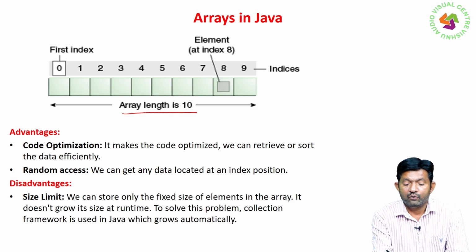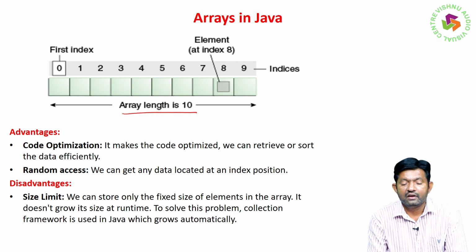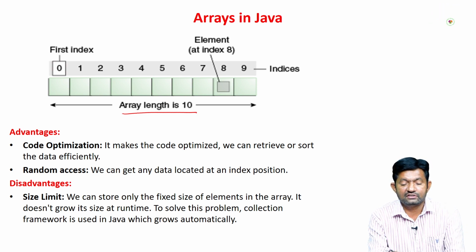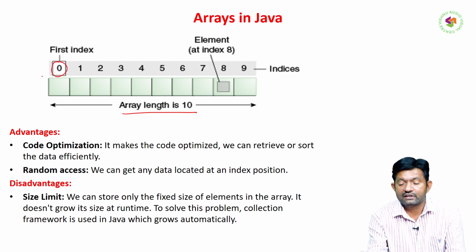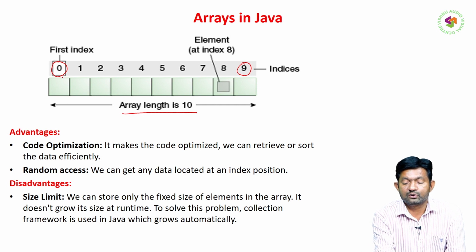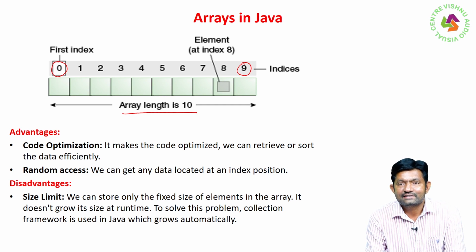That means we can store 10 elements in this array. The first index starts with 0 and ends with n-1, that is the 9th position, so indices 0, 1, 2, 3, 4, 5, 6, 7, 8, 9.